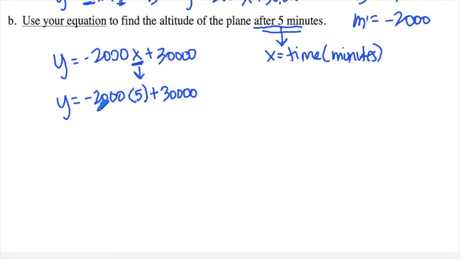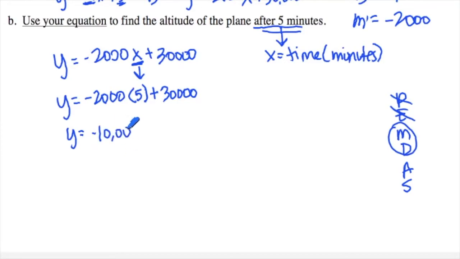So I'm going to go ahead and use my order of operations, PEMDAS. Don't have any parentheses, don't have any exponents. Multiplying and dividing, I'm going to multiply from left to right. Negative 2,000 times 5 is going to be negative 10,000 plus the 30,000.